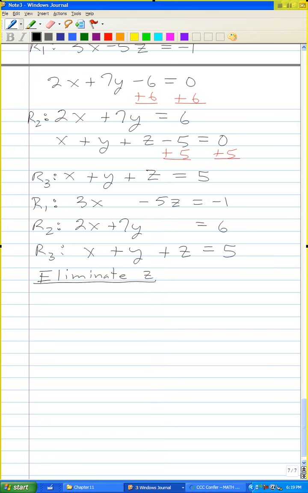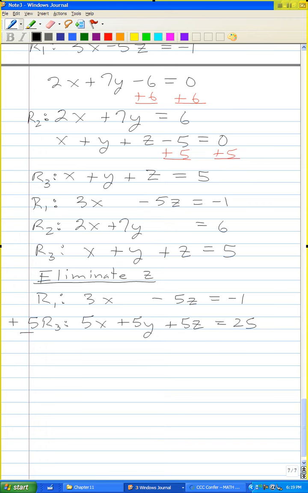So to eliminate z, I only have to use R1, 3x minus 5z equals negative 1, and 5R3, 5x plus 5y plus 5z equals 25.